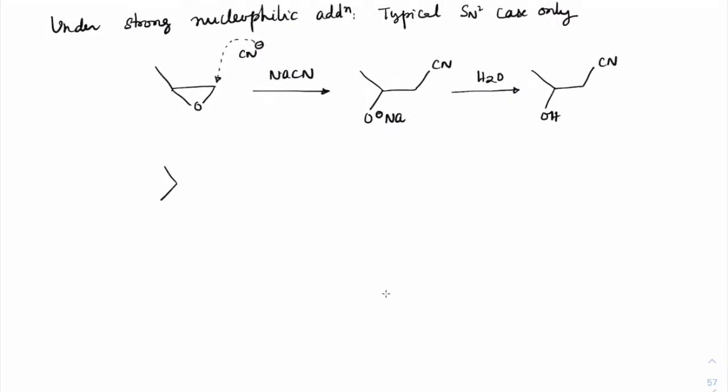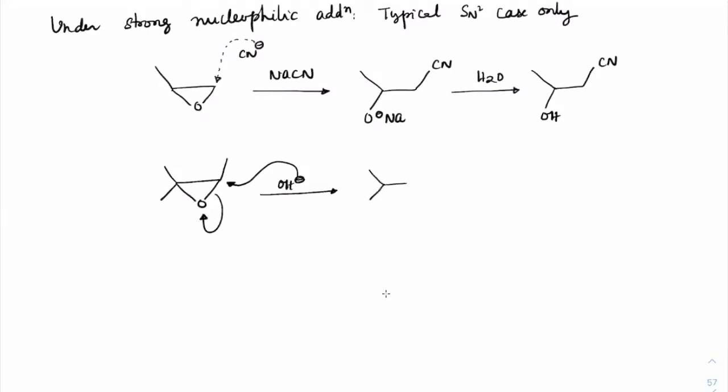Even if you have more substituted carbon this way, here, if we take OH minus for instance, and treat that with OH minus, it will still attack here only, at the less substituted carbon. O minus will form here. So what do we get?